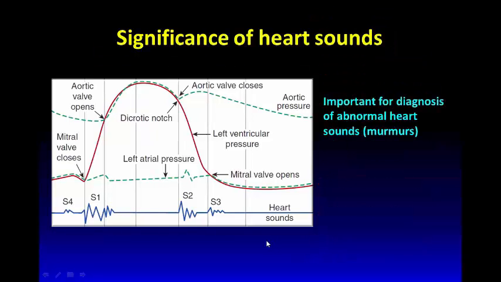So, why do we auscultate the heart and listen for the first heart sound and the second heart sound in particular? This is important for the diagnosis of abnormal heart sounds. The abnormal heart sounds are known as the heart murmurs or the cardiac murmurs.